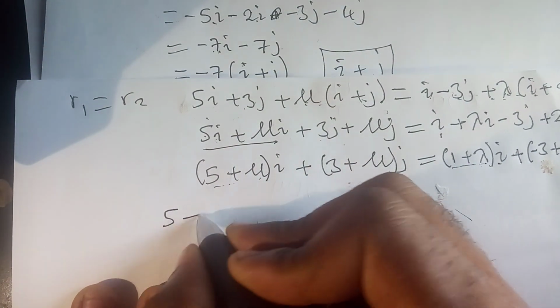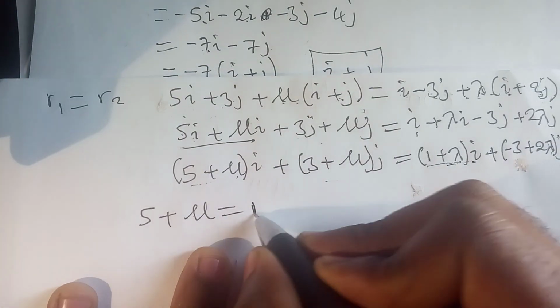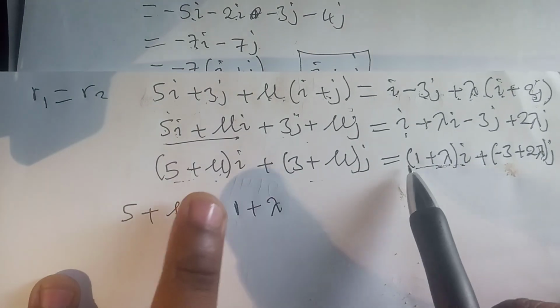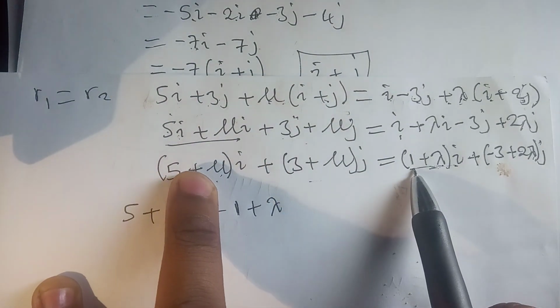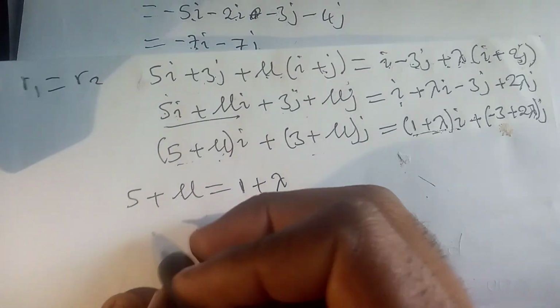So we can say 5 plus mu is equal to this. Since these two are equal, then the coefficients of the i's and the coefficients of the j's must also be equal.